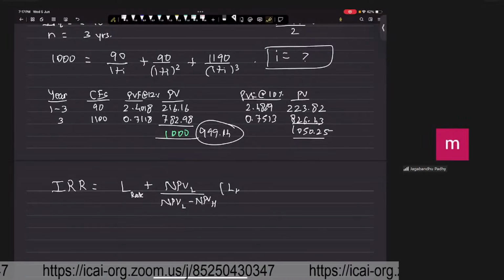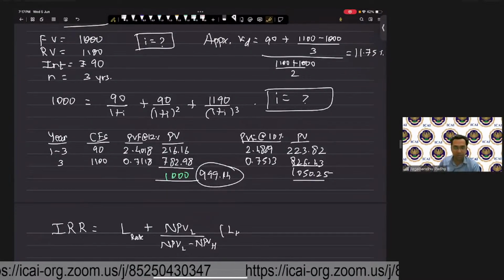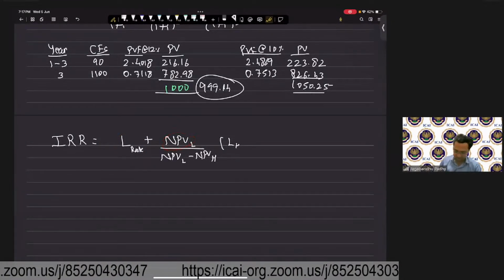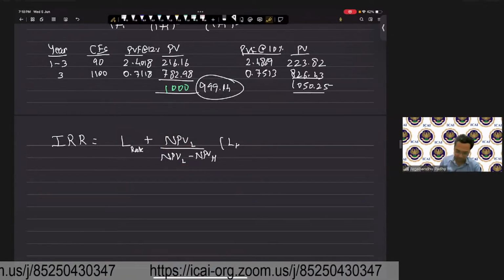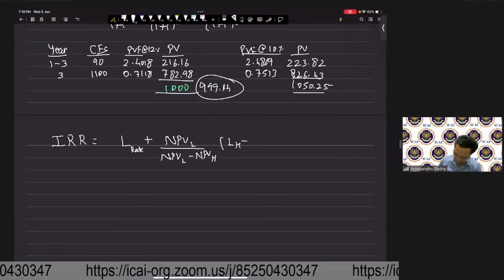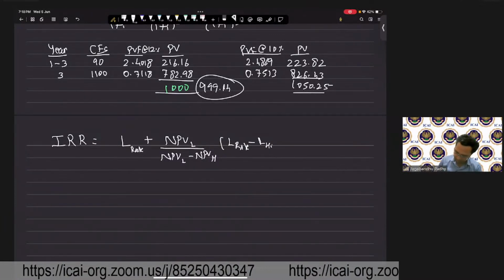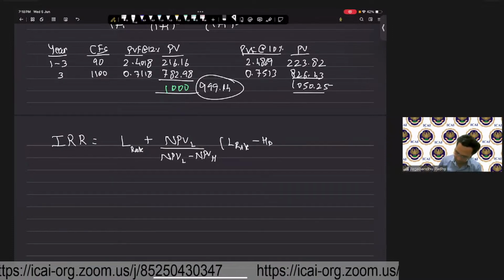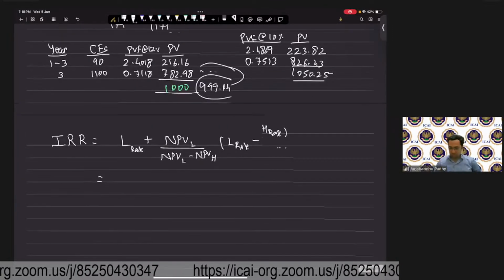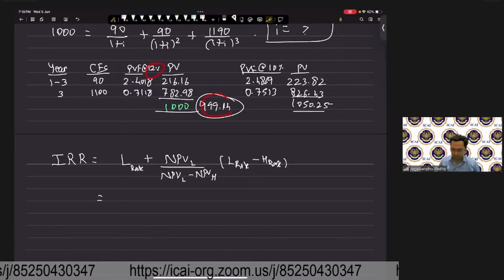This IRR method, we first got it by using the approximate method, 11.75%, but we want to know what's the exact rate of return that we are earning. For that, we take the lower rate plus NPV at lower rate divided by the difference between the lower rate and higher rate, and then take the difference. The lower rate at which we computed the value is 10%.